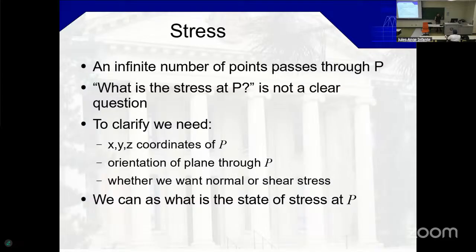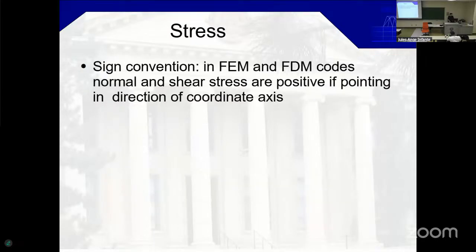When I ask you the pressure at point P, you can give me a single value. When I ask you for the stress at point P, there's not a single answer, right? What stress do you want? So you need to define the coordinates of point P. You need the orientation of the plane through which it passes. And then you want to know if it's the normal or the shear stress. Only then can we say what is the state of stress, okay?